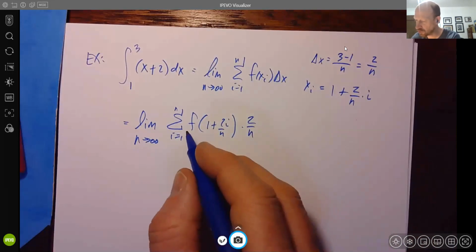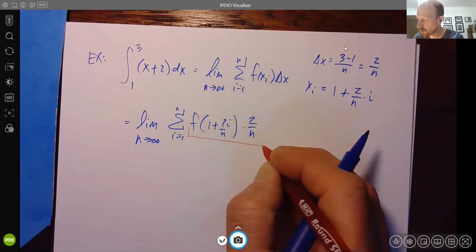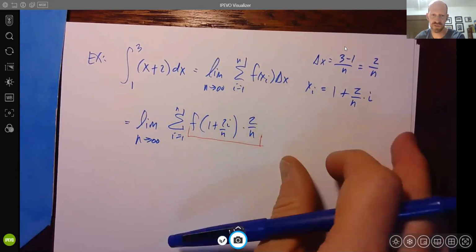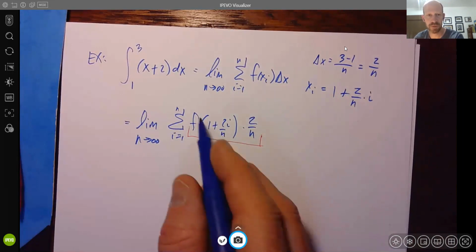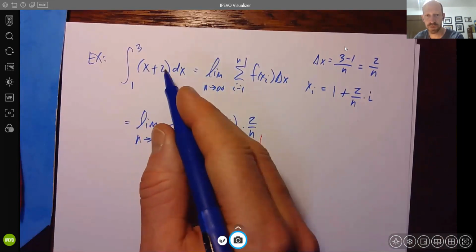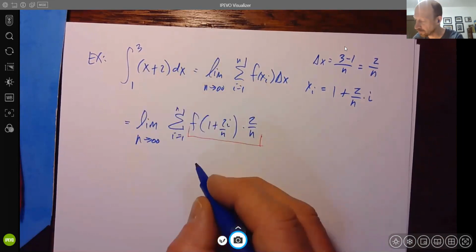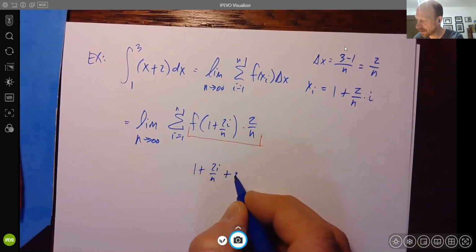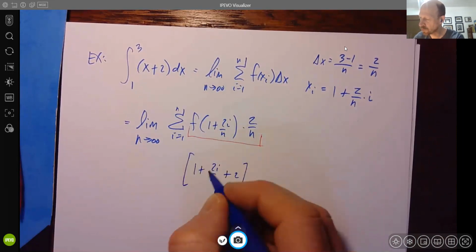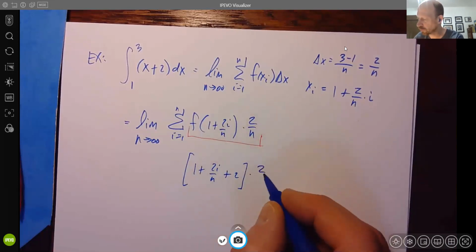And at this point, I'm just focusing on this portion. I'll deal with the sum and the limit later. But for right now, I need to figure out what that is. So this is just x plus 2. So this 1 plus 2i over n just goes in for x. And then I add 2 to that. So that's my f. And then I'm going to multiply that by 2 over n.